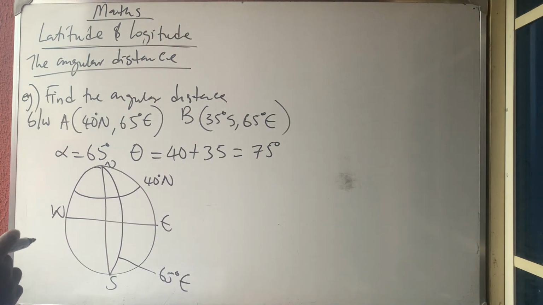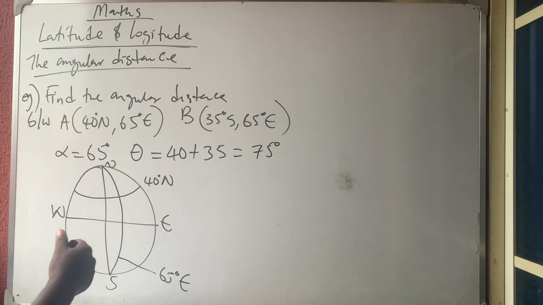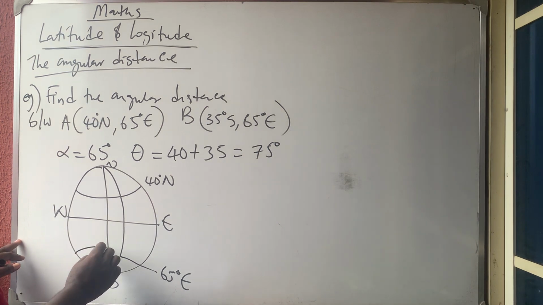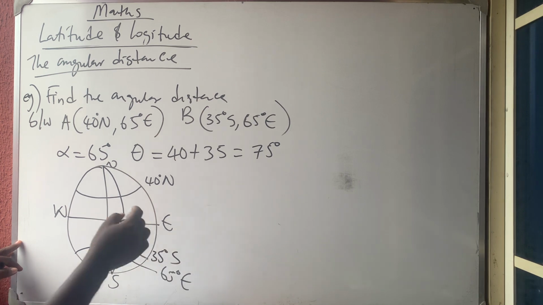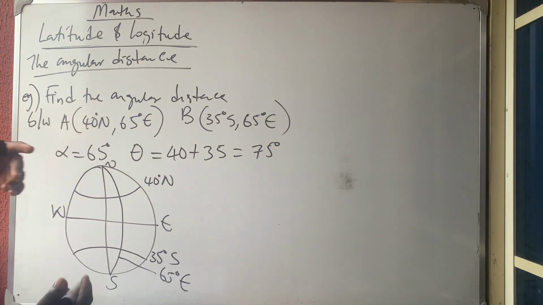The next one is 35 degrees south. The south is down, so I draw it and call it 35 degrees south. Any other one? 65 degrees east, we have already drawn it.